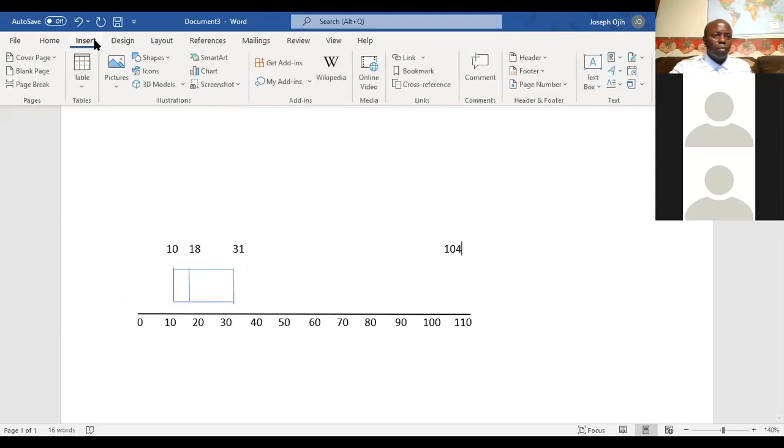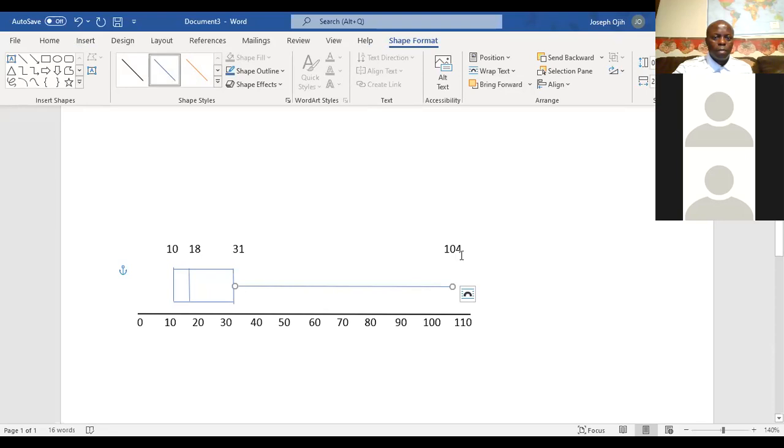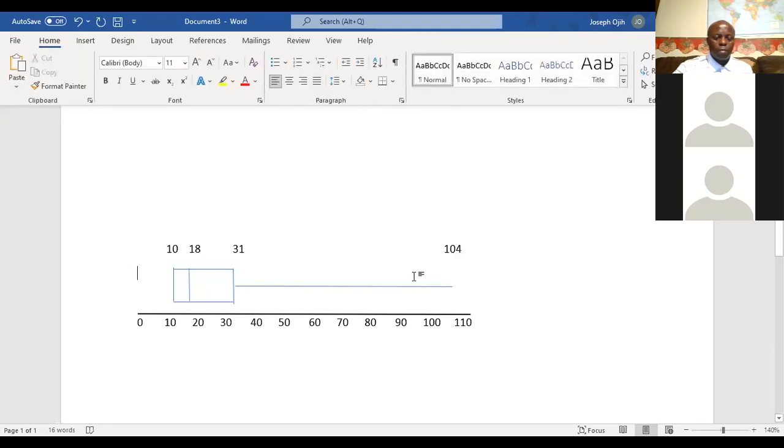So we can just put a line. You draw what I'll call the whiskers. I'm making it 104 right here, and shortening it a little bit.